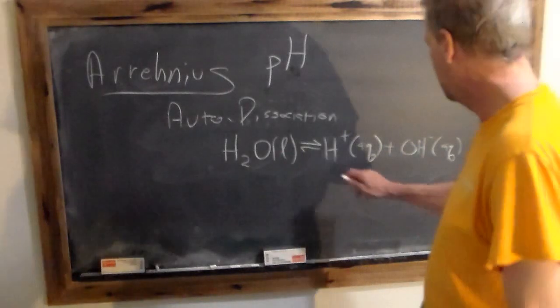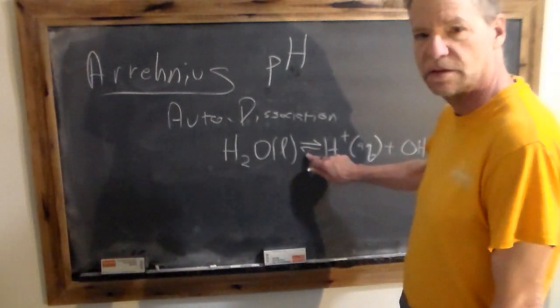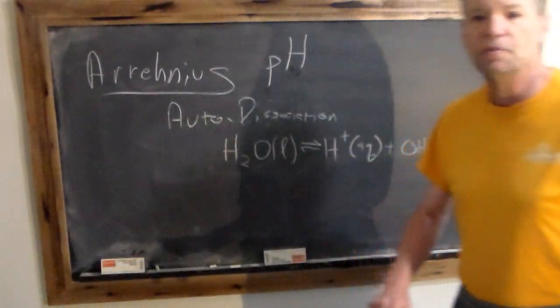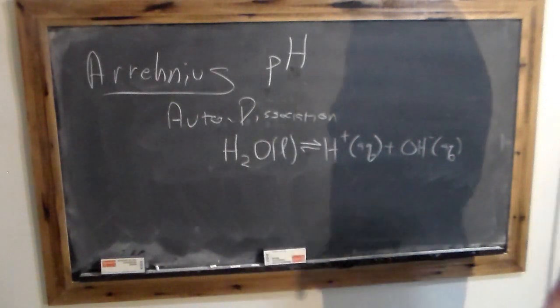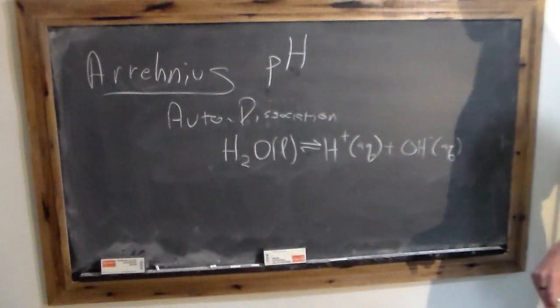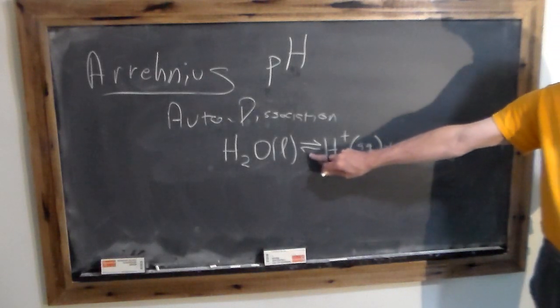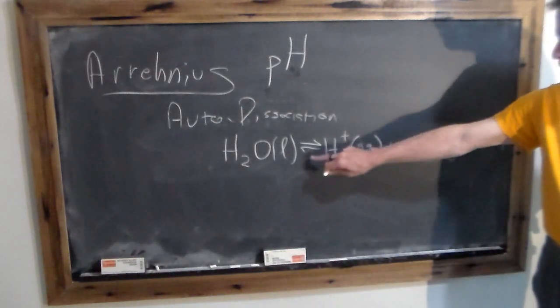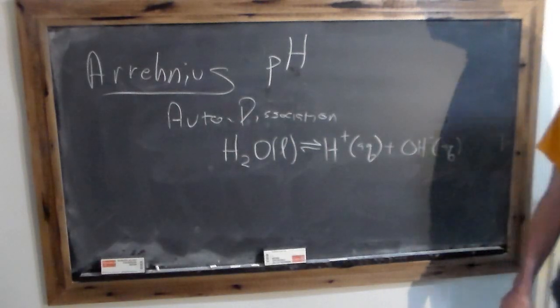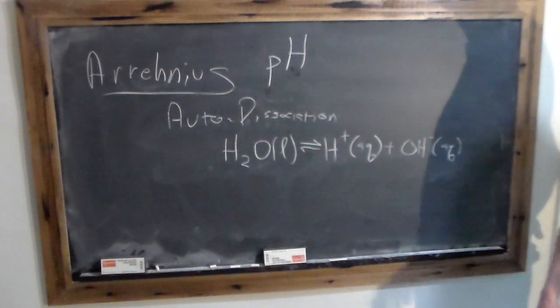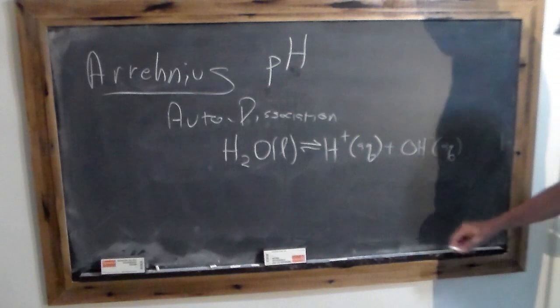But first of all, let's talk about this funny little symbol here. You may notice that symbol is not your straightforward one-way chemical reaction symbol. This double-sided arrow represents an equilibrium.